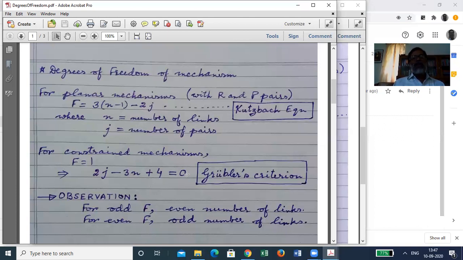So you should suspect your work, because number of links is odd, 17. So the degrees of freedom must have been even. So it is unlikely that it will have 1 degree of freedom. So this is something which you can keep in mind, for getting mistakes early. Some kinds of mistakes, not all. Okay.